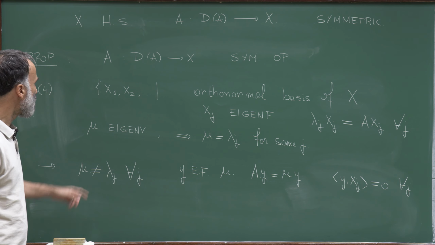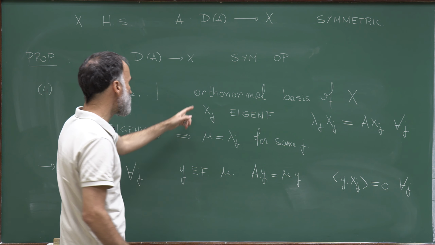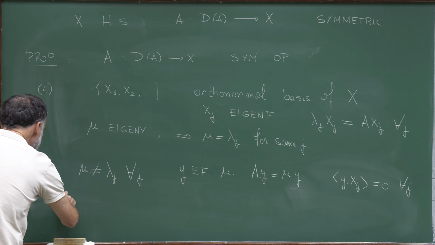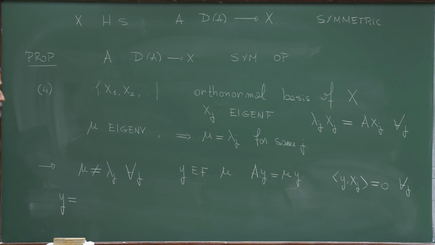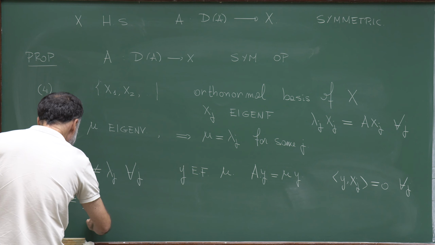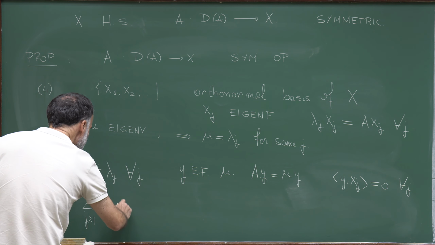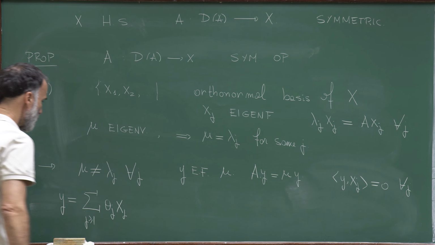On the other hand, since x1, x2 forms a basis of X, and it's orthonormal, I can write y in this basis. So I know that y can be written as a sum for j larger or equal to 1 of theta j xj.